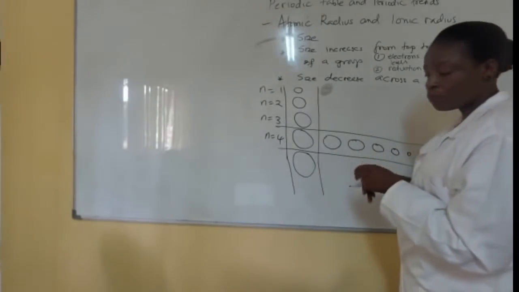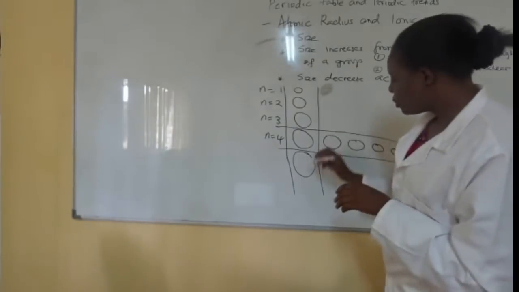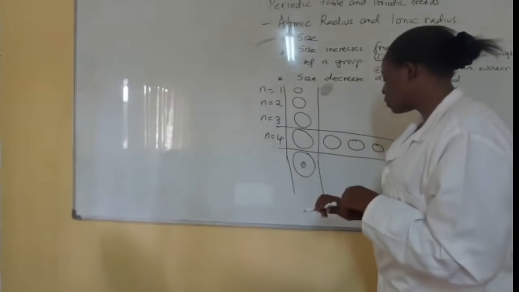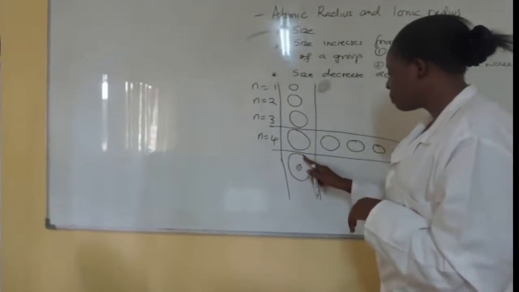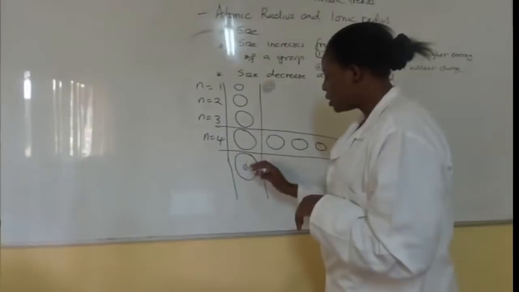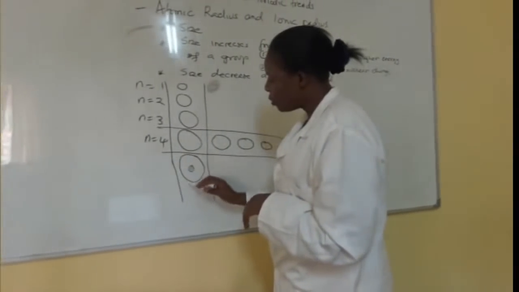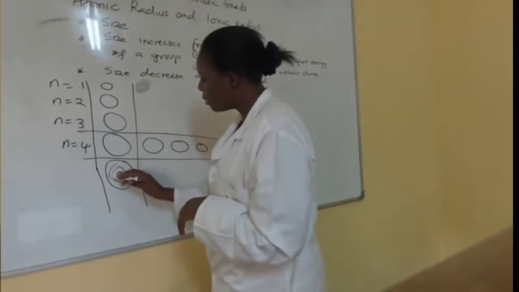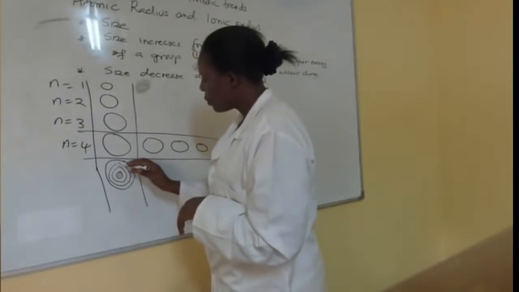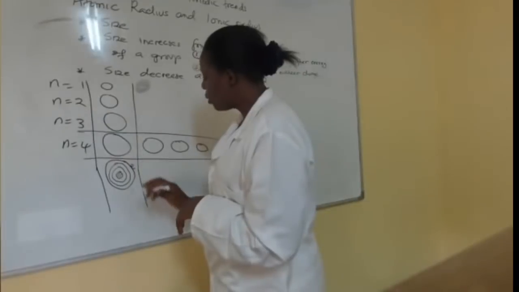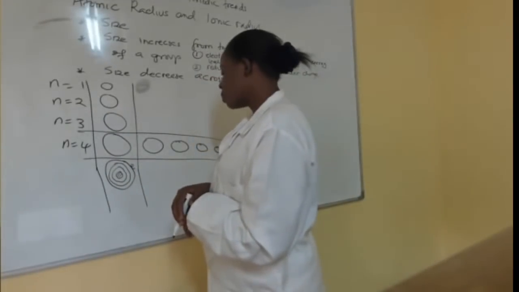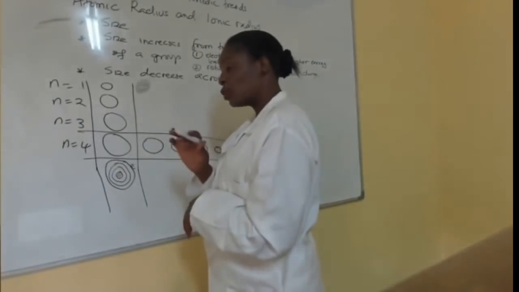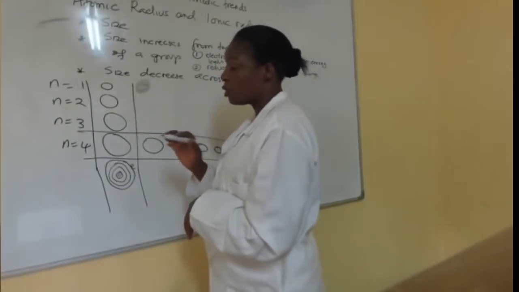You remember last time when I was trying to explain what effective nuclear charge is. I mentioned that if this is your orbital and you have got inner energy levels, this electron in the outermost shell will not feel the actual nuclear attractive force from the nucleus.